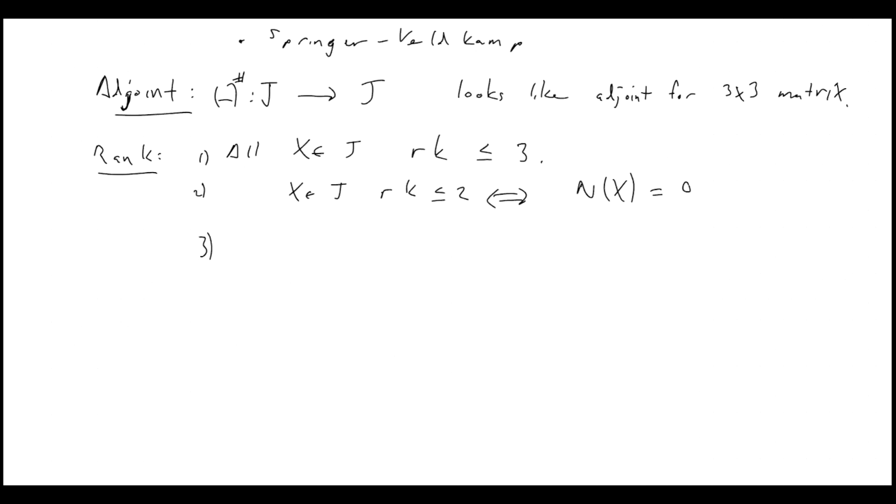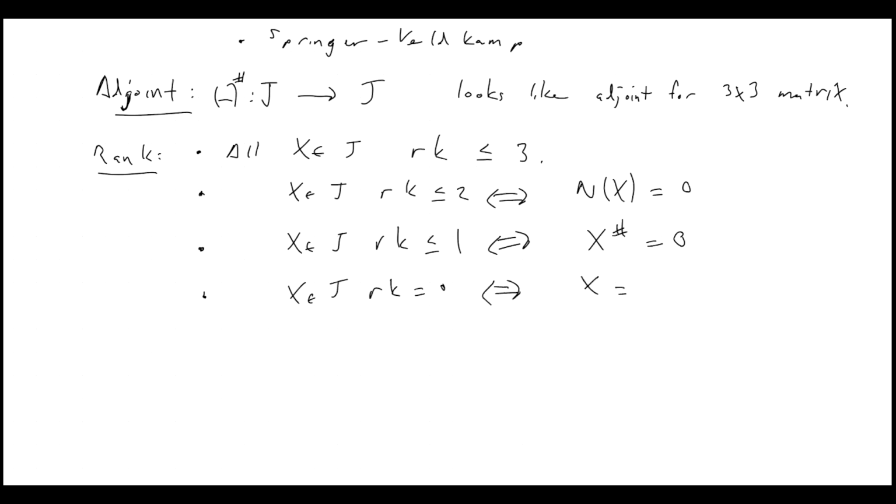For X in J, the rank is less than or equal to 1 if and only if the adjoint is 0. And then finally, the rank is 0 if and only if X is 0.